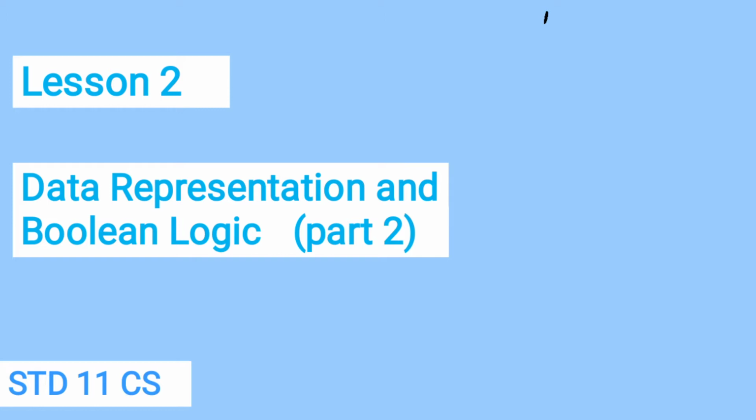In that video, I have already given a brief introduction of what data representation is, and how internally the computer represents the data. When the user is storing data in the form of alphabets A to Z, or audio, video, all these forms of data are available with us today.